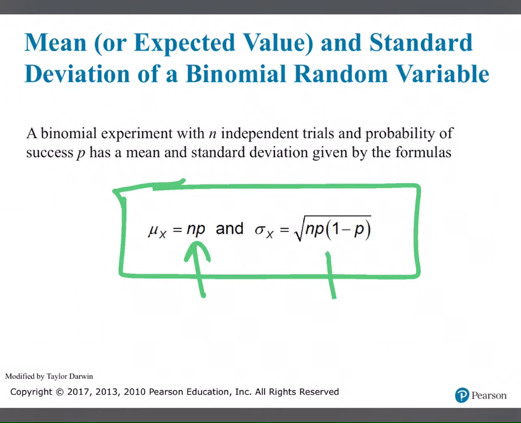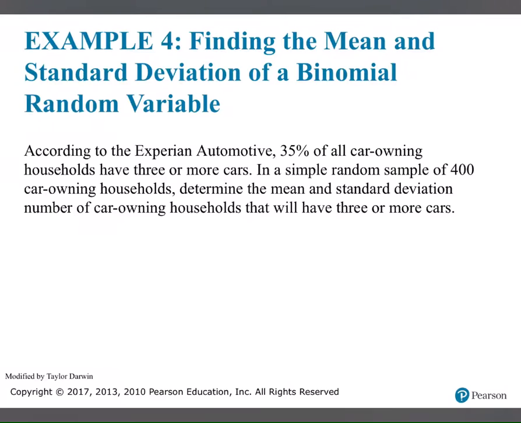And to find the standard deviation, you just do the square root of n times p times 1 minus p. All you need to do here is find n and p, basically, and you've got everything you need for this formula. According to Experian Automotive, 35% of all car-owning households have 3 or more cars. In a simple random sample of 400 car-owning households, determine the mean and standard deviation of the number of car-owning households that will have 3 or more cars.